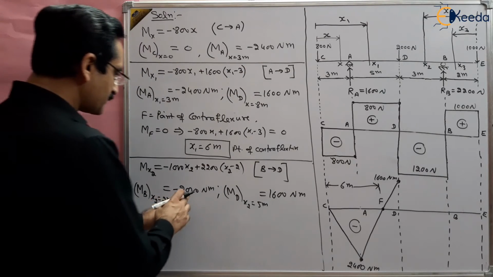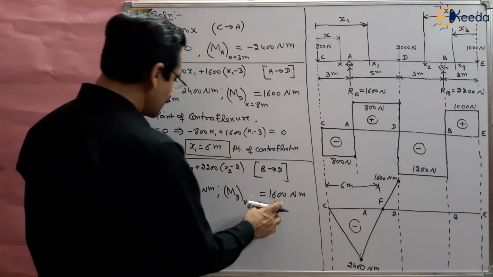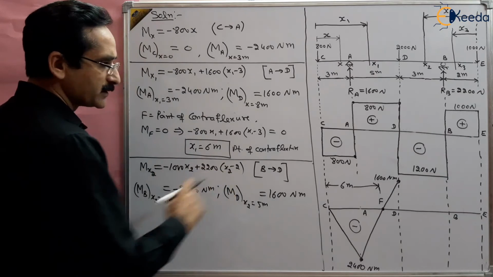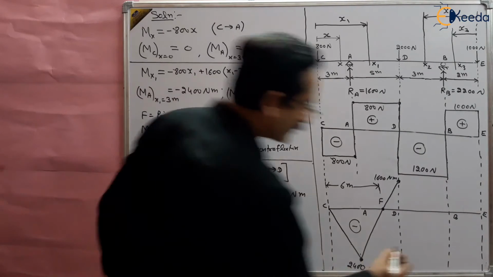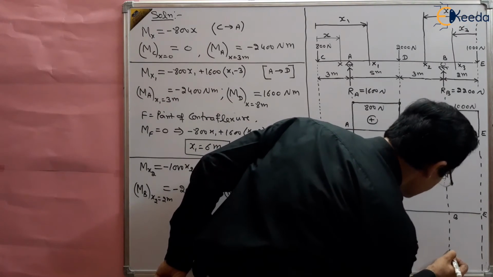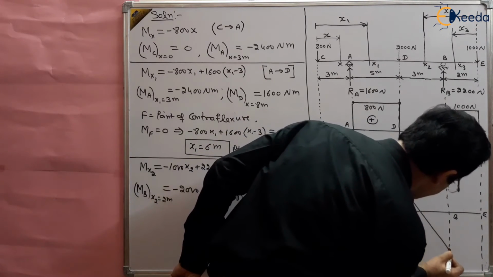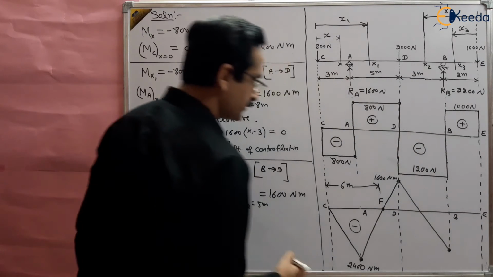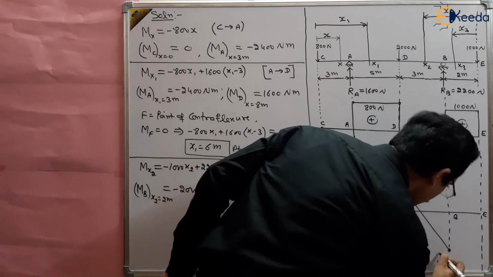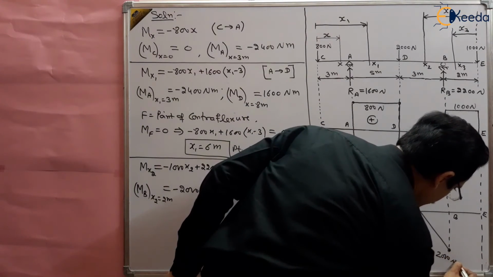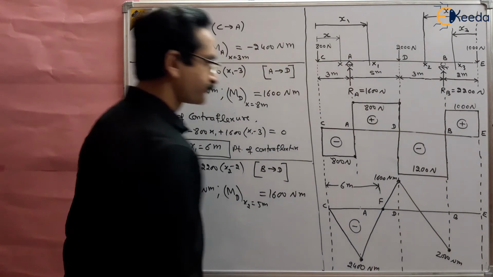So the variation is from minus 2000 to 1600 Newton meter with a linear variation. Minus 2000 is somewhere here, and 1600 is here, and this is a linear variation like this. This is minus 2000 Newton meter at point B.